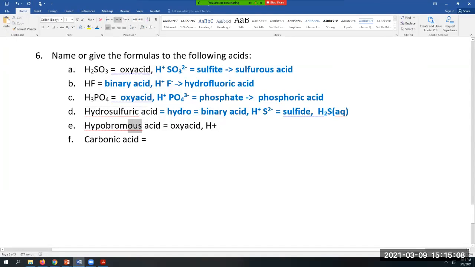The ending ous tells you that we use ous when the polyatomic ion ends in ite. So it tells you that it ends in ite. So that means it's hypobromite. It's the hypobromite polyatomic ion that you need to find. You need to find its formula.